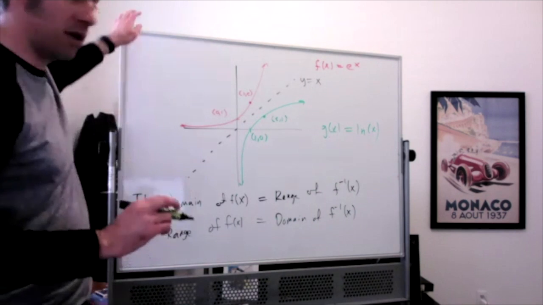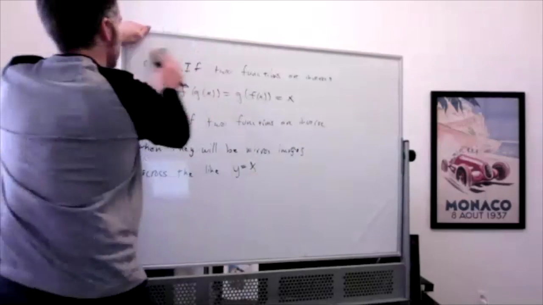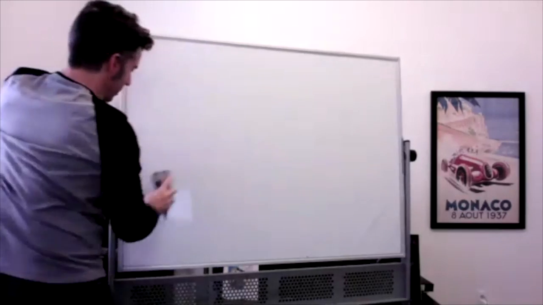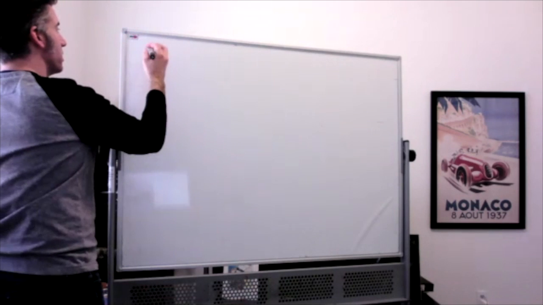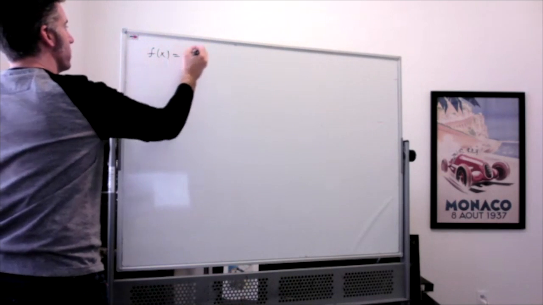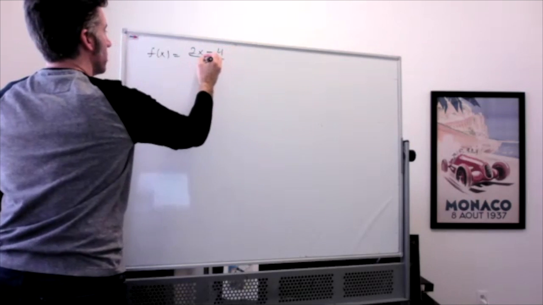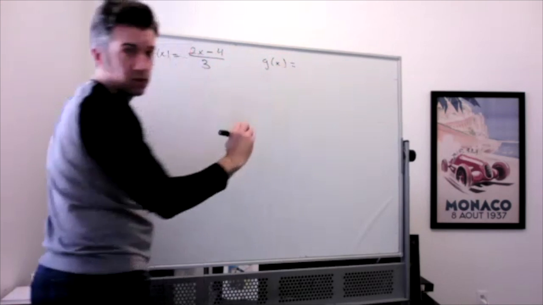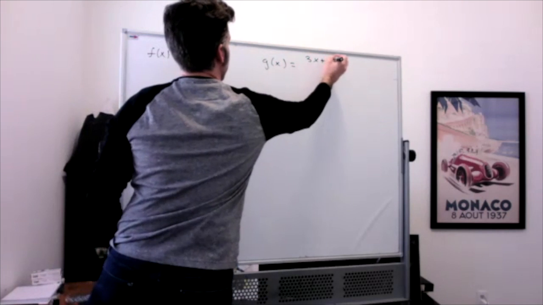So let's look at another example. This example isn't going to be too particularly exciting as far as the domain and the range go. But let's look at the functions f of x equal to 2x minus 4 over 3 and g of x equal to 3x plus 4 over 2.